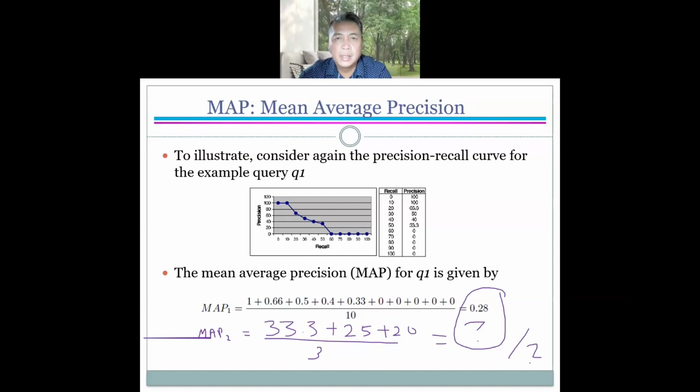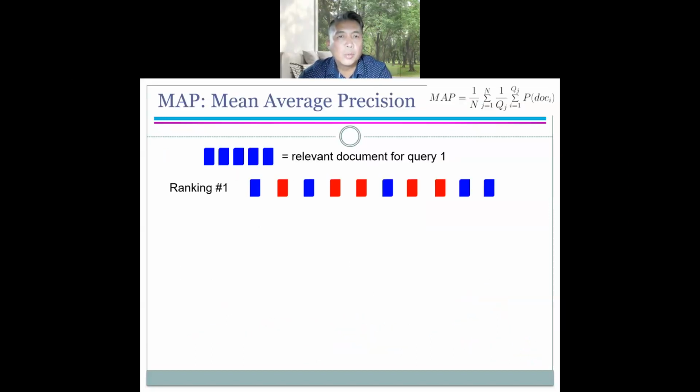Okay, let's take a look at another example here. So this example has some illustration. For this one we have 5 relevant documents. At this point what is our precision? What is our precision at this position?